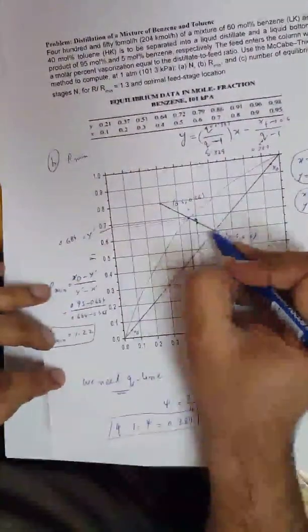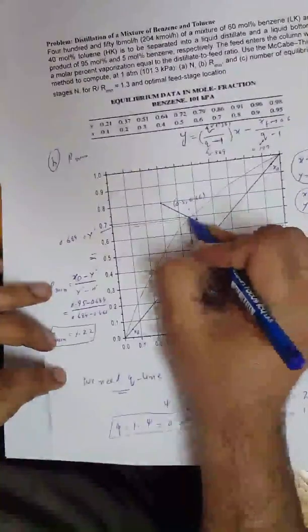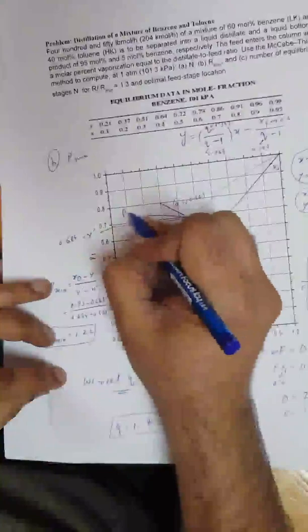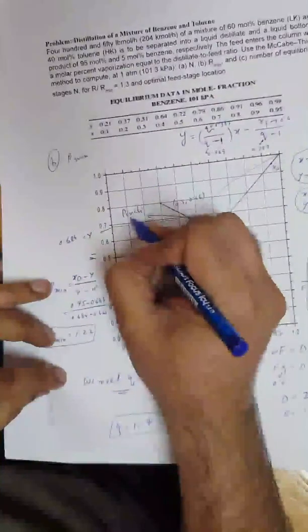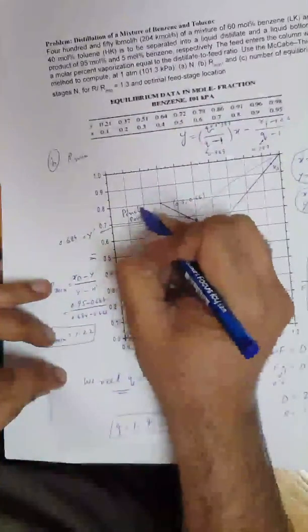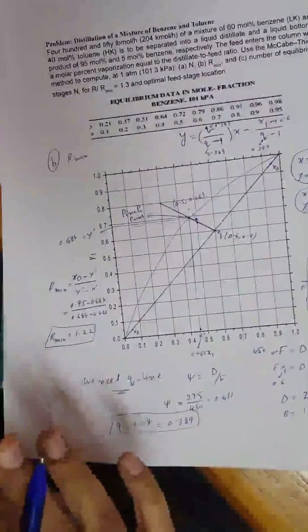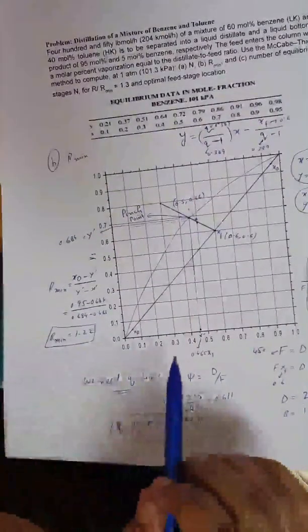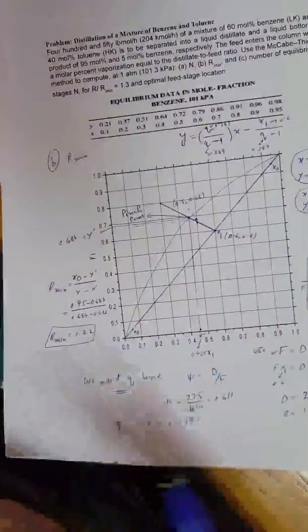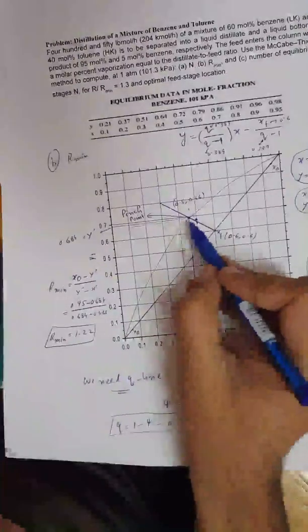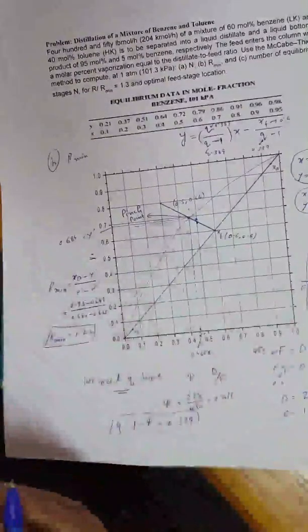I forgot to tell you one thing here. This point where the Q line bisects the equilibrium curve is called the pinch point. For any minimum condition, like if you want to find minimum boil-up ratio or minimum reflux ratio, you have to find the pinch point.